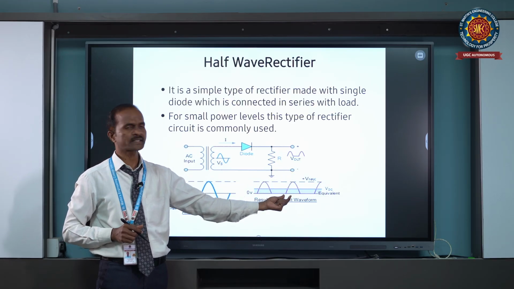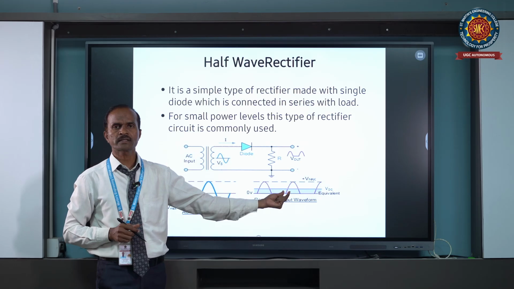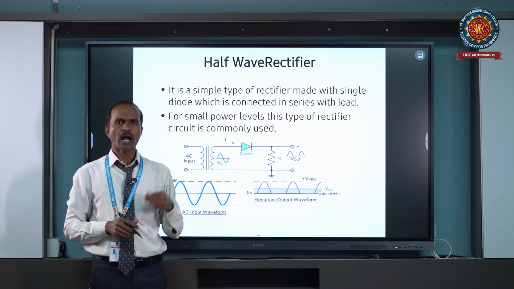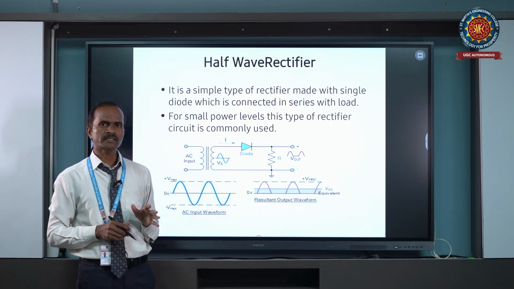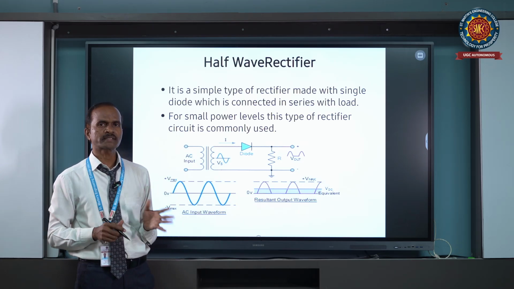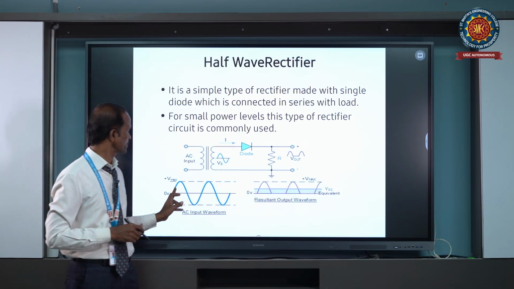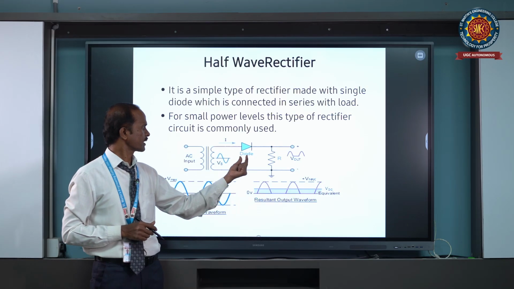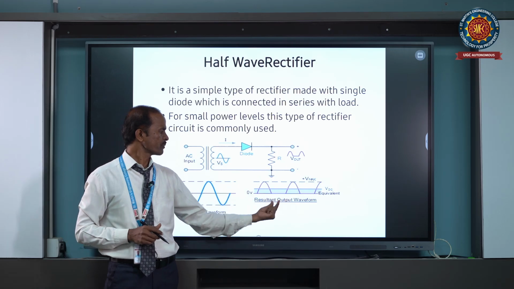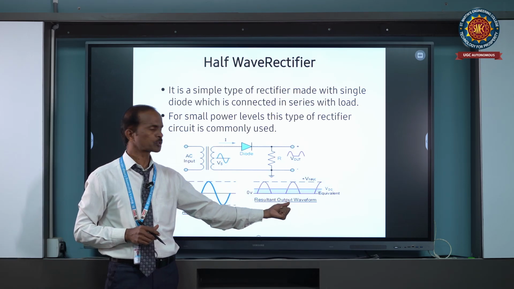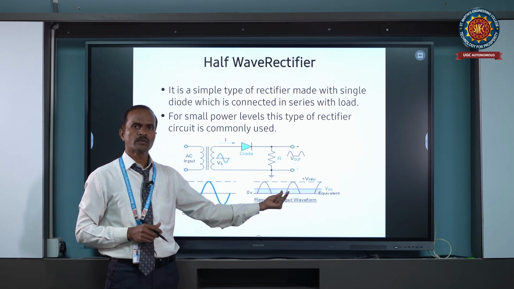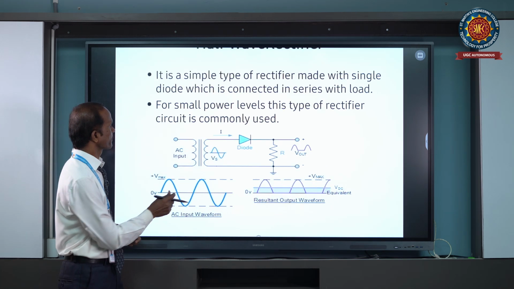It's a pulsating DC, which means some amount of AC fluctuation is present in the output. That is the unwanted signal, that's why it is called pulsating DC. This is the input AC signal, and after converting, the output becomes like this. This is the resultant output waveform.